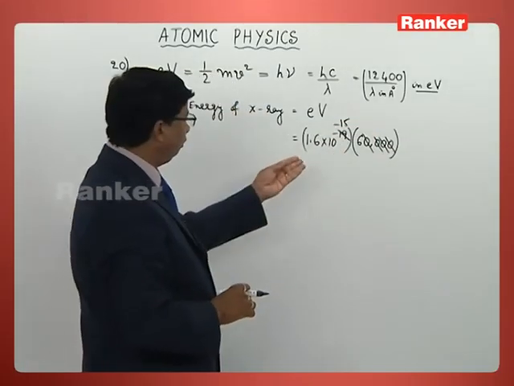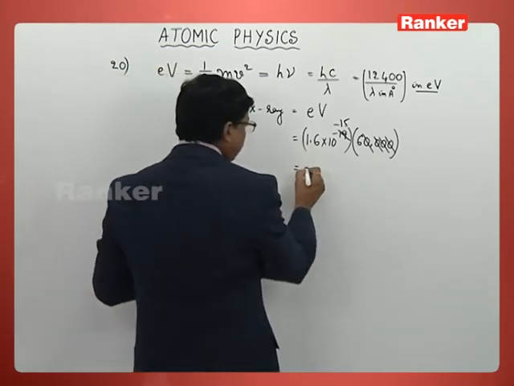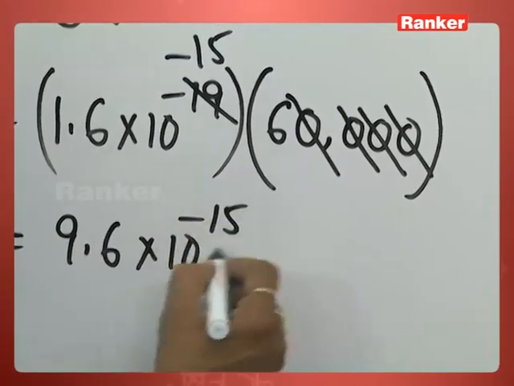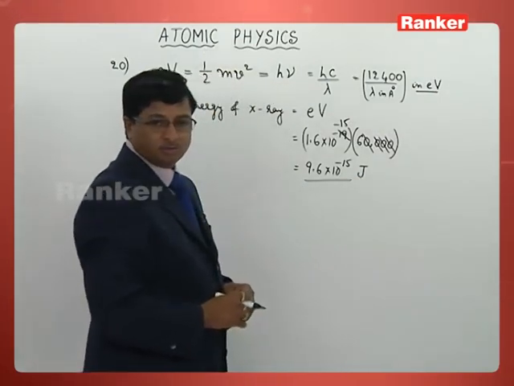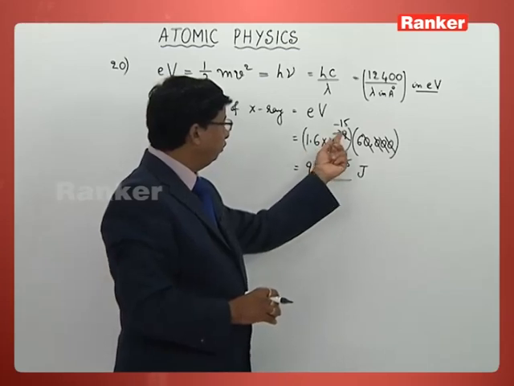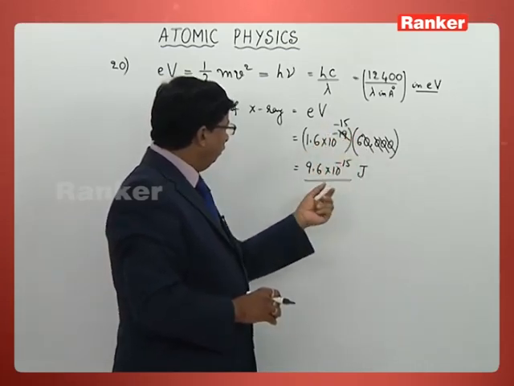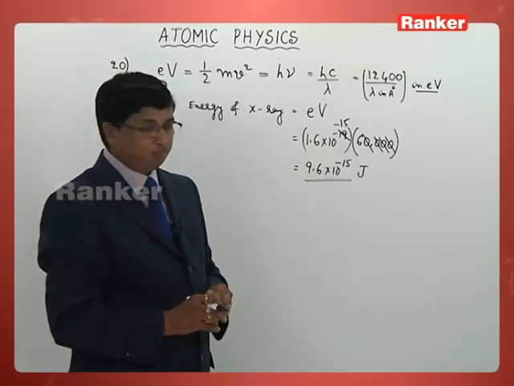So it now becomes 9.6 into 10 to the power minus 15, right? What? Joule. So totally 9.6 into 10 to the power minus 15 joule.